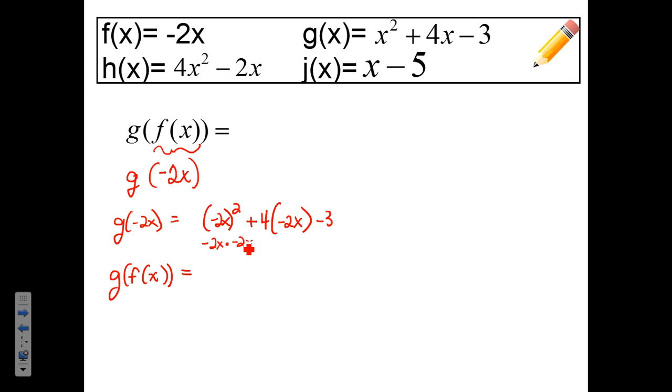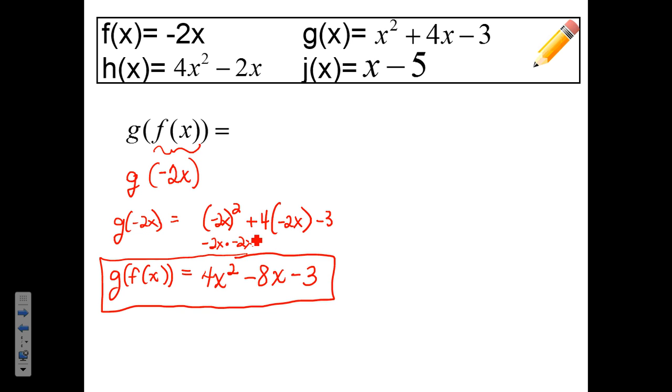So negative 2x times negative 2x is 4x squared. 4 times negative 2x would be negative 8x. Subtract 3. Again, this is not the same function as f or g, but it's a combination of them. And so those two together composed this new function.